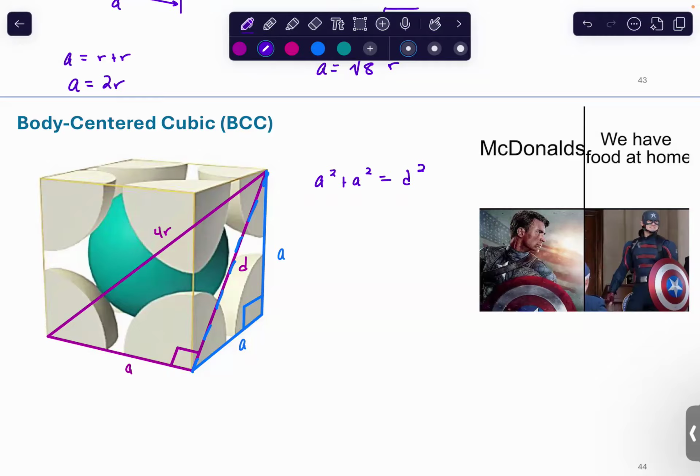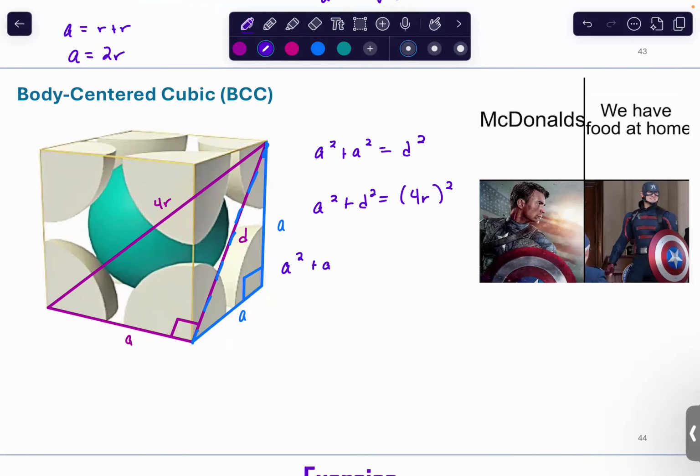And people are going, why the hell does he keep writing? Then my other triangle that goes back through the center of the cube is going to be A squared plus D squared equals 4R squared. And so now I can actually substitute D squared.